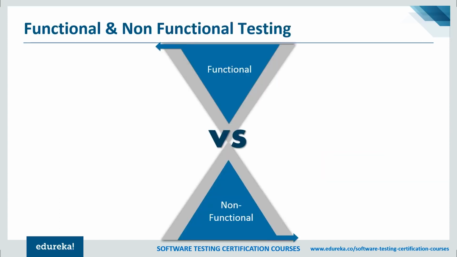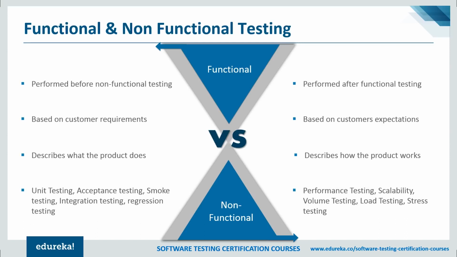Now let's see the difference between functional and non-functional testing. As already listed, functional testing is performed before non-functional testing, and non-functional testing is performed after functional testing. Functional testing is based on customer requirements. On the other hand, non-functional is based on customers' expectations. Functional testing describes what the product does, and non-functional describes how the product works.